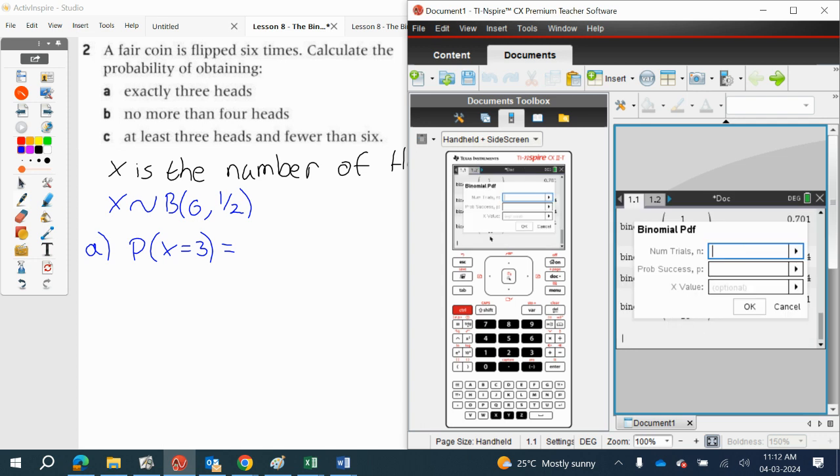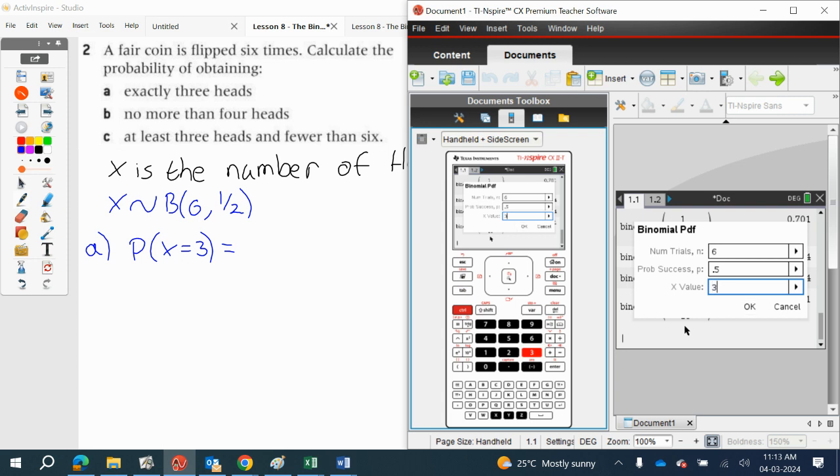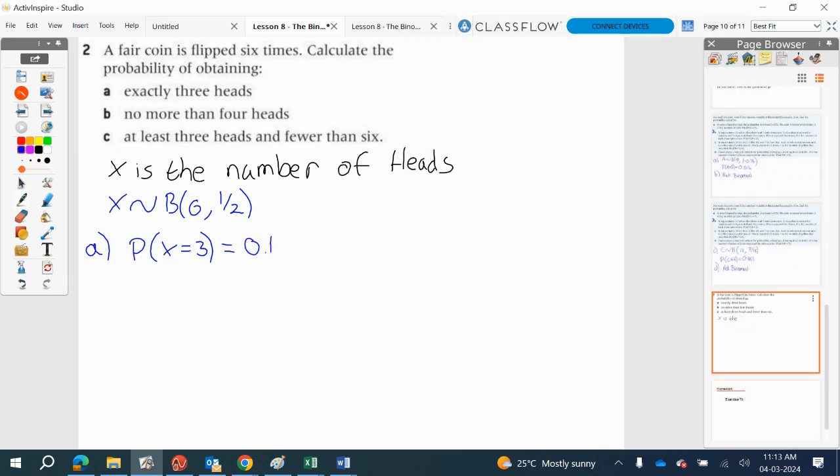Okay, this is the A. This is B. Okay, so no more than 4 heads.